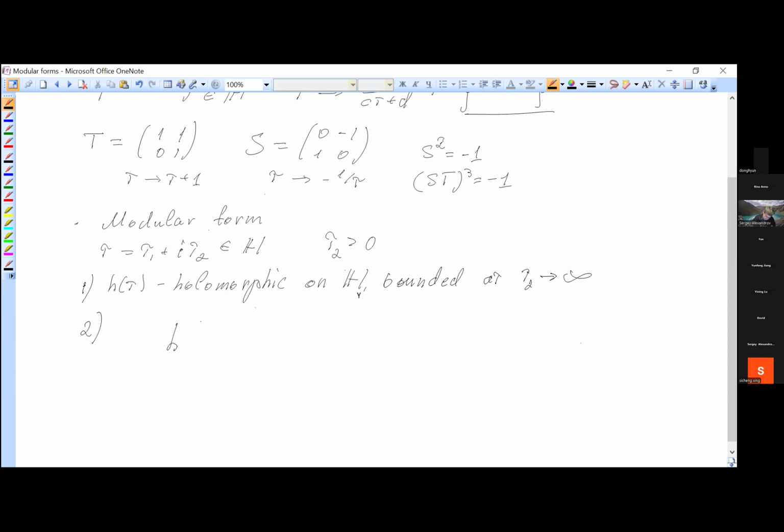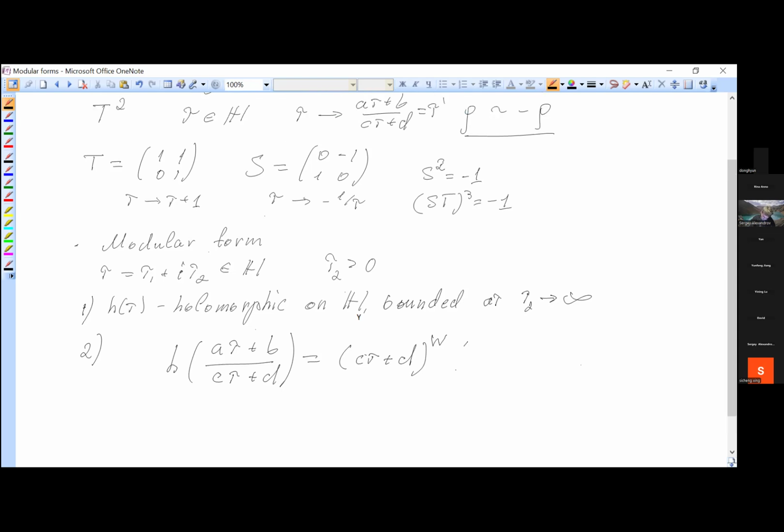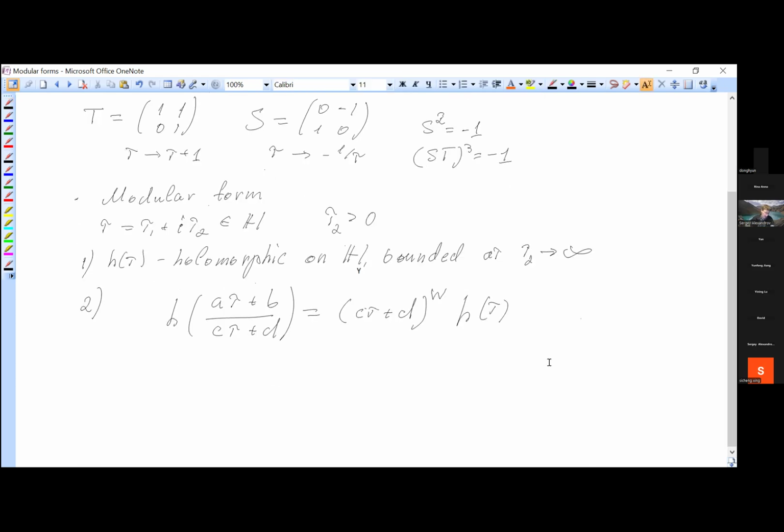What properly means is the following relation: once we act by this fractional linear transformation on its argument, it transforms to itself up to some standard factor, (C tau plus D) to a certain power W, times h(tau). The parameter W is called the modular weight.